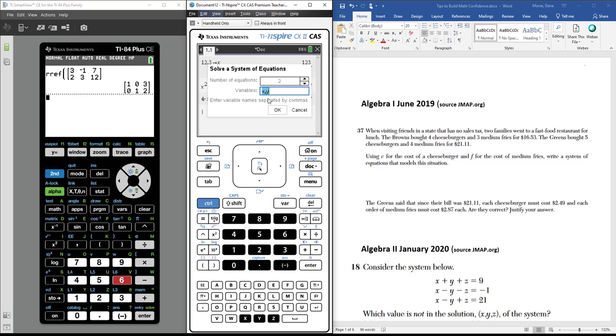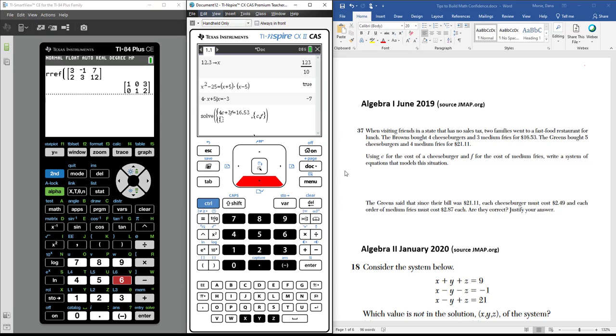And what's cool is because we're talking about cheeseburgers and fries, I don't want X and Y. I want C and F. And you write it in terms of C and F. So 4C plus 3F equals a total of $16.53.